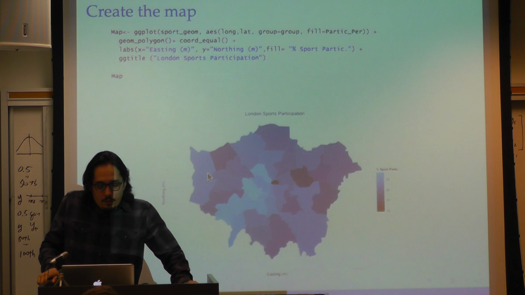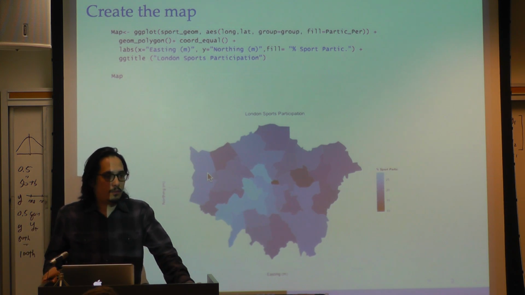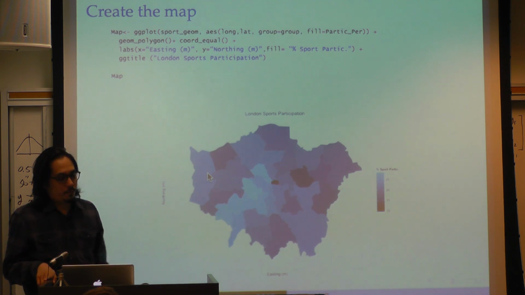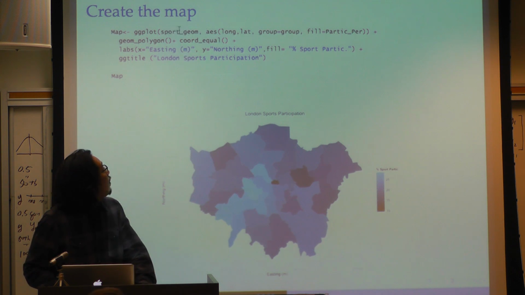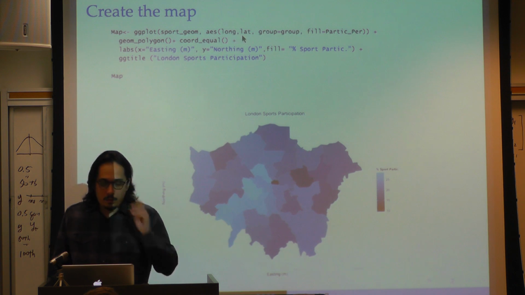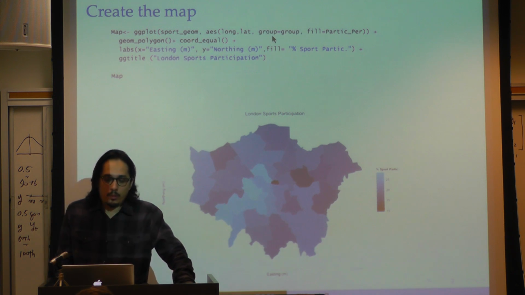So you're using the ggplot function the same way you use it for creating any graph. You will be using here sport geom, the latitude and longitude, and the group variable equal to group.